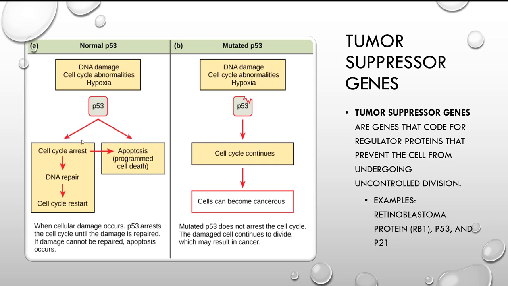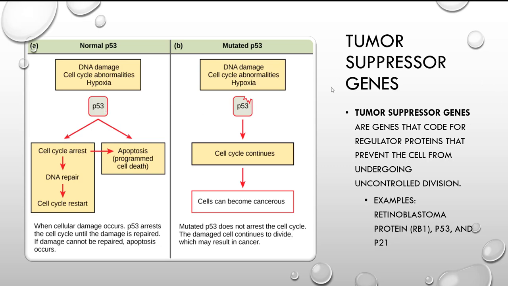If everything looks okay, the cell can repair, perhaps instead of undergoing cell death, it could repair itself, and then the cell cycle will restart. So basically this protein can stop the cell cycle, and if the damage is repairable, it will repair itself. If the damage is not repairable, the cell will undergo apoptosis.